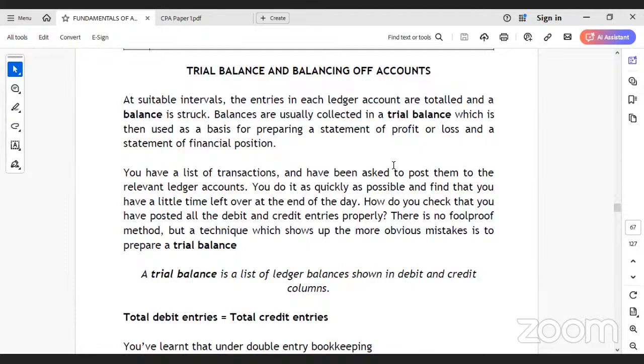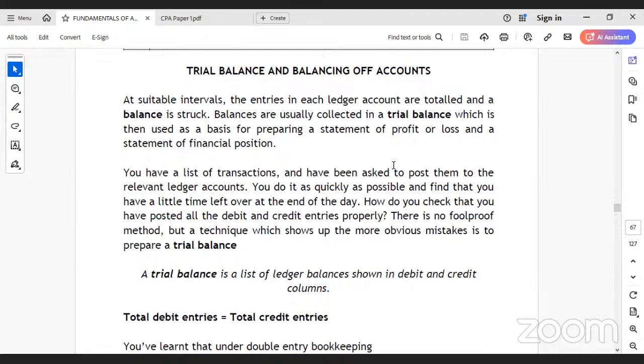Now, after posting these transactions to the respective ledger accounts, how do you check that all what you have posted is correct? How do you ensure that all the debits and the credits are properly recorded?